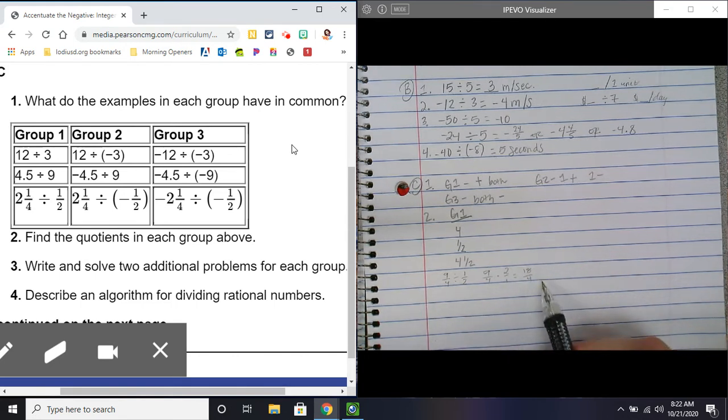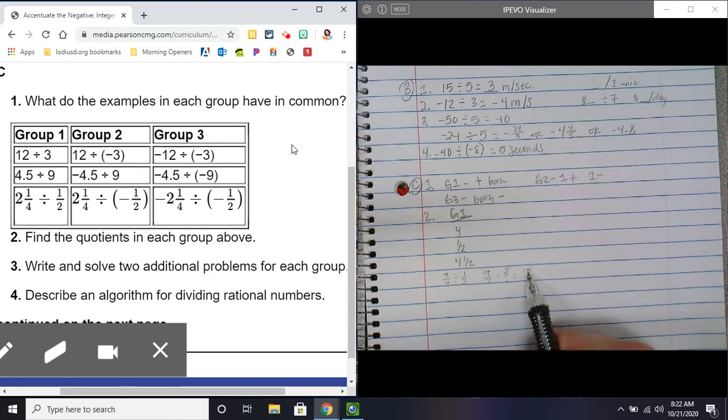which would turn into 18/4. And then you can either leave it like that or you can change it into a mixed number by dividing this number by that number and going from there. I feel like you should know how to do that too. But I'll just do it.